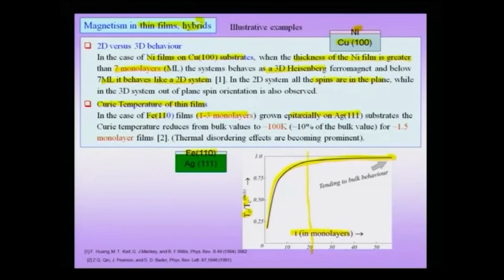In the case we are talking about here, the iron 110 film on silver 111 substrate, the Curie temperature can actually be depressed by about 100 Kelvin with respect to the bulk. That means, you can approach about 10% of the bulk value when you are in the regime of about 1.5 monolayer thick films. That means that in these thin films, because it is a reduced dimensionality system, the thermal disordering effects become very important on magnetization.